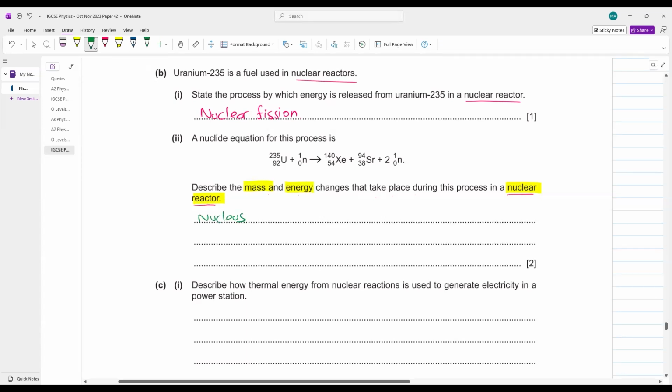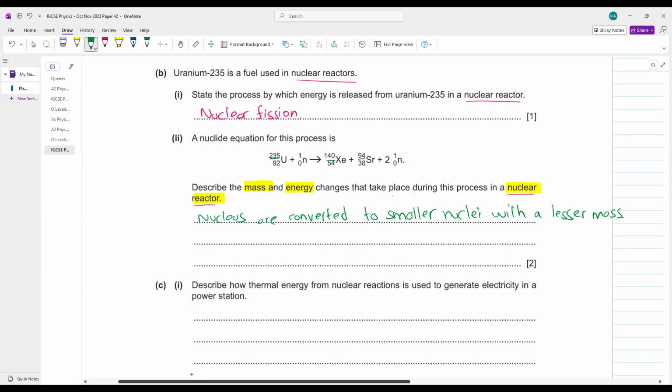Now, you can say nuclei are getting converted to what? Nuclei are converted to smaller nuclei with a lesser mass. Where is this visible? Can you realize uranium has a mass of 235 nucleons? Xenon and boron have a lesser mass, hence they are more stable.